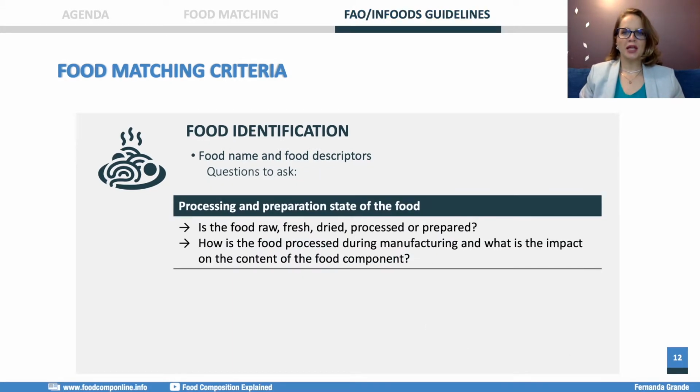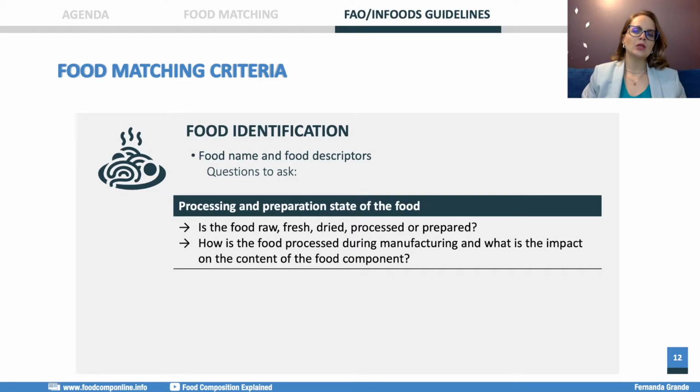First, I'm bringing here some issues regarding the processing and preparation state of the food. In this case, we need to pay attention if the food is raw, fresh, dried, processed, or prepared, since it will affect the complete nutrient profile of the food.